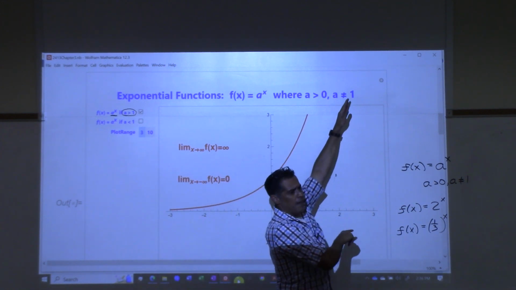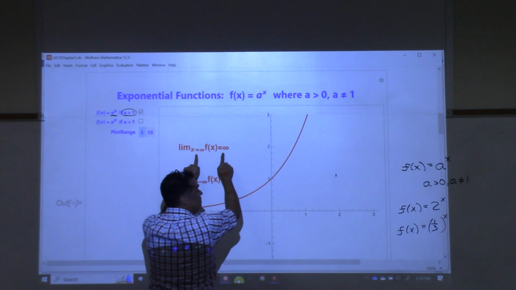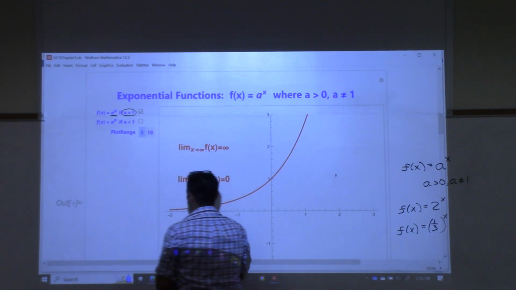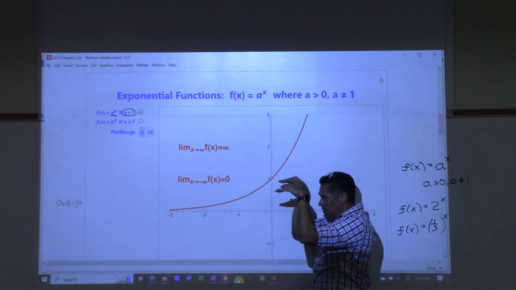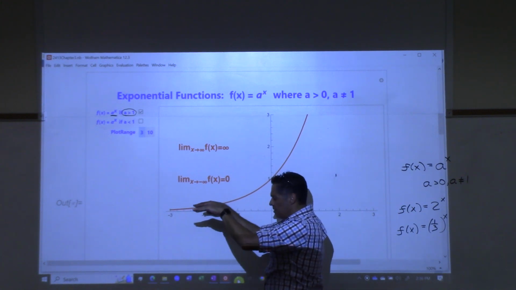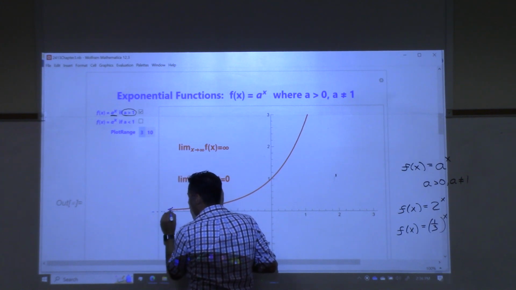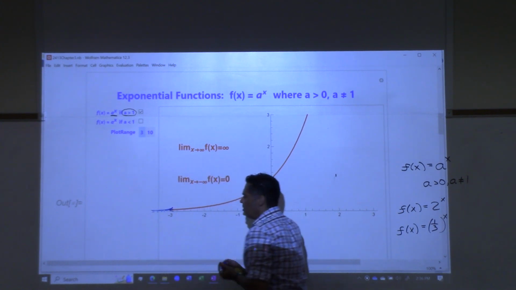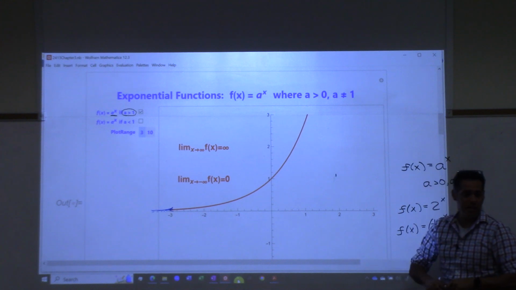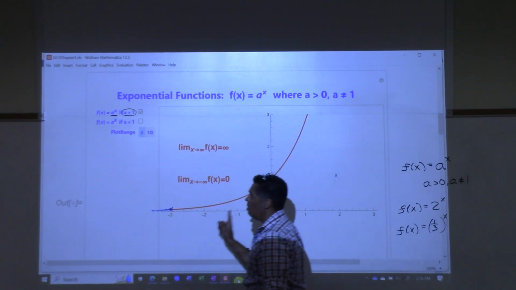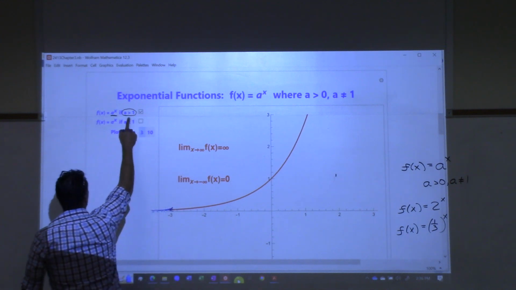It takes off to infinity, right? And then if I go to negative infinity, that means I start going out this way. The graph dives down, asymptotically approaches the x-axis, and gets closer and closer to 0 without actually ever getting there, right? That's what it'll look like if the a is bigger than 1.